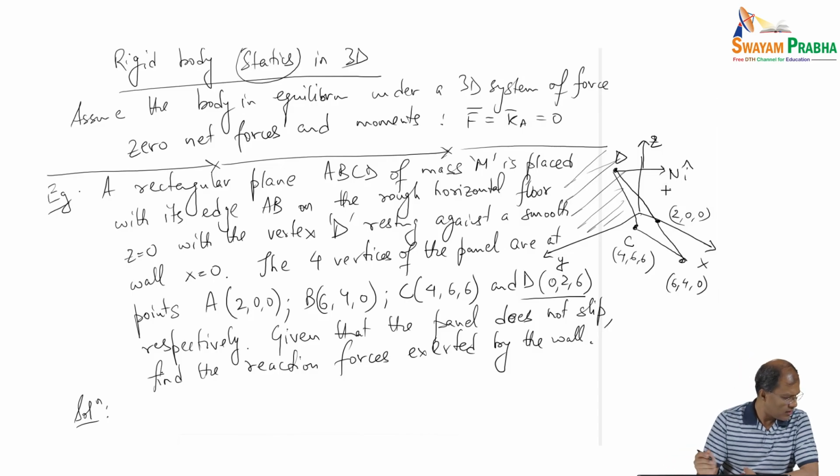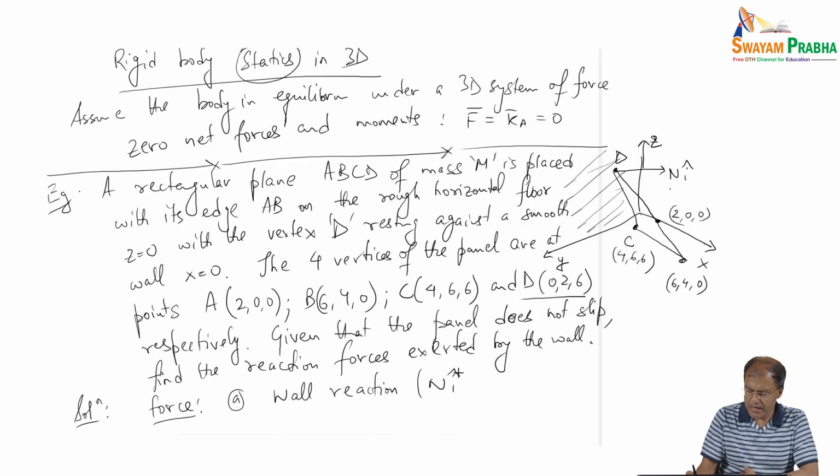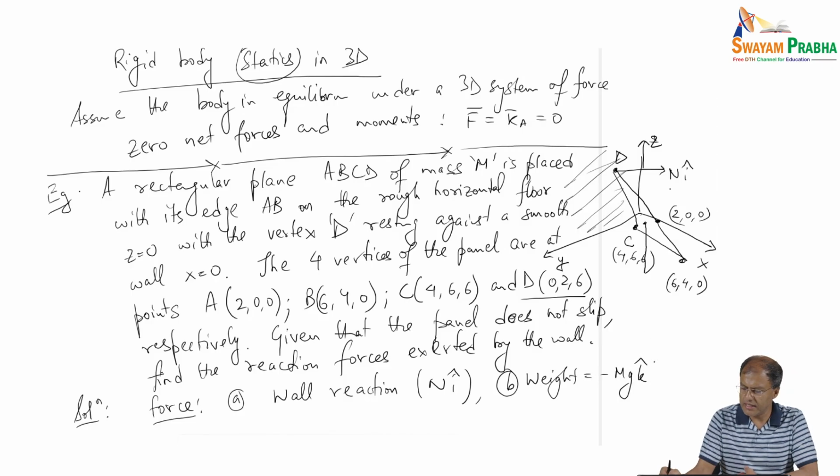And now let us find what are the different forces acting on the object. The different forces are, of course, the wall reaction given by N i, and we have the weight, which is mg acting downward, so minus mg k.